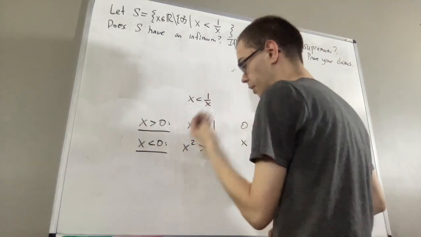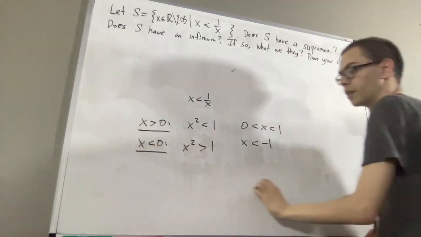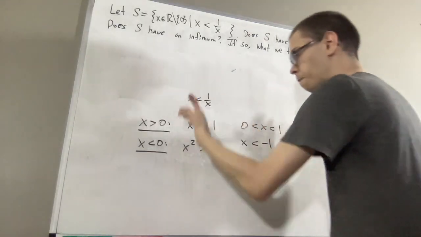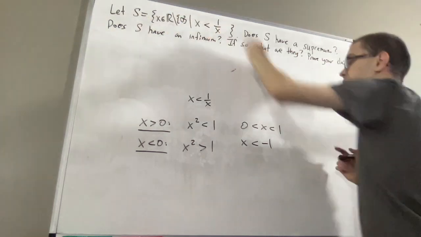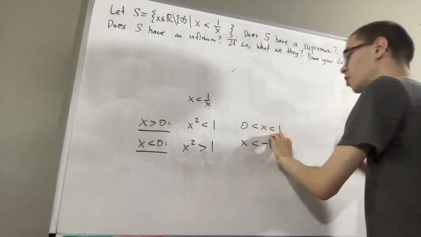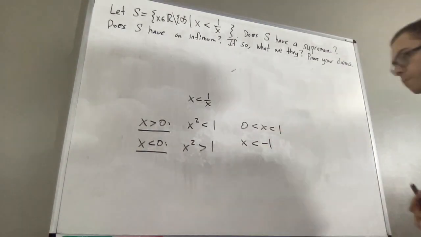Again, visualizing the graph of y equals x squared, this and this happen exactly when this happens. So, from what we see here, it seems that S should be precisely the set of real numbers x between 0 and 1 unioned with the set of real numbers x less than -1.